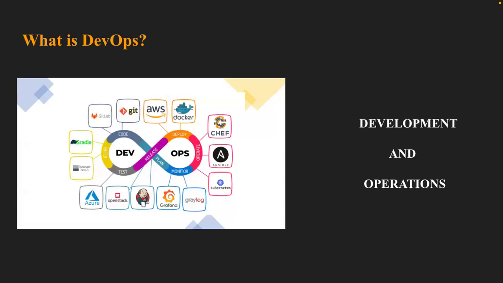Now, what is DevOps? DevOps is a combination of development and operations. Development in DevOps does not mean application development, but it is like developing scripts in order to automate the process actually. Okay, so you might be doing some process regularly, daily.